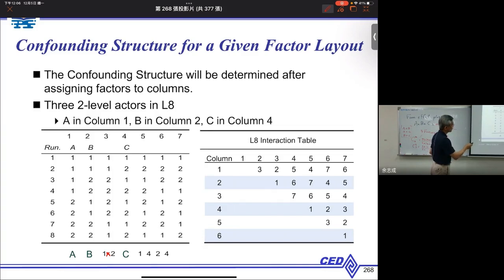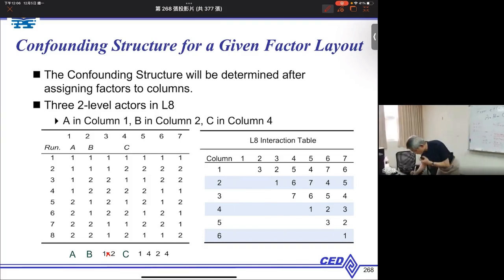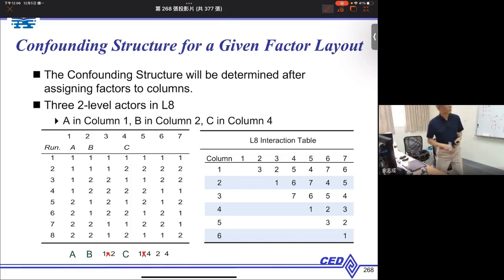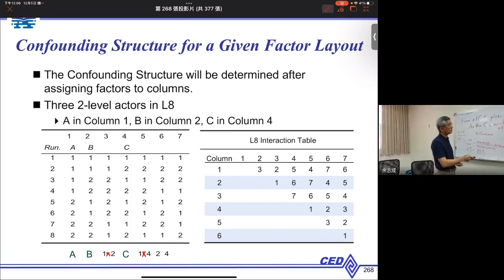So where is 1, 4? 1 and 4, which is column 5. So which means that column 5 will be 1 cross 4. Factor A in column 1, factor C in column 4. So the interaction of AC will happen in column 5.